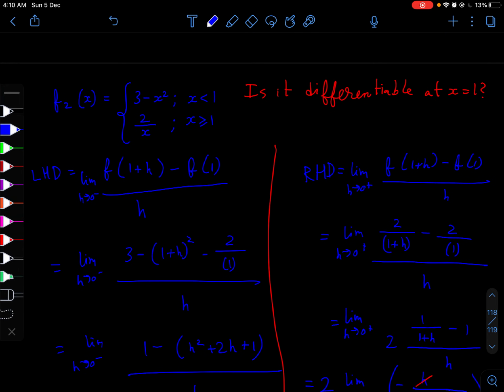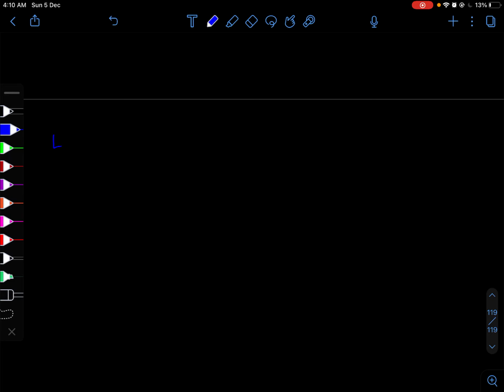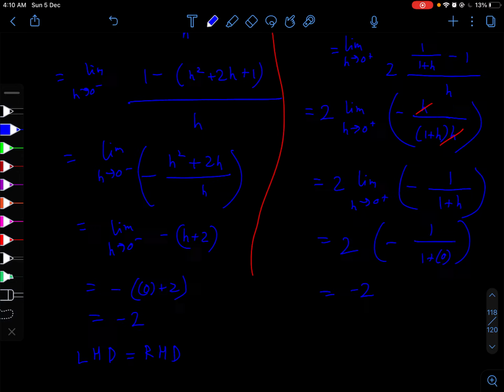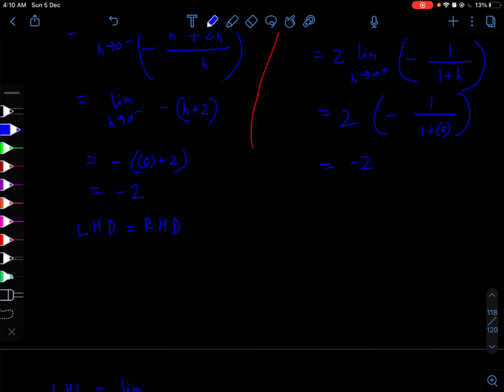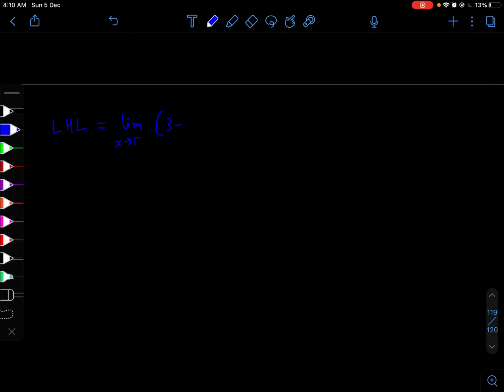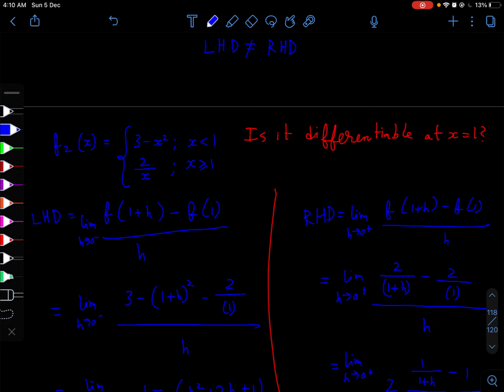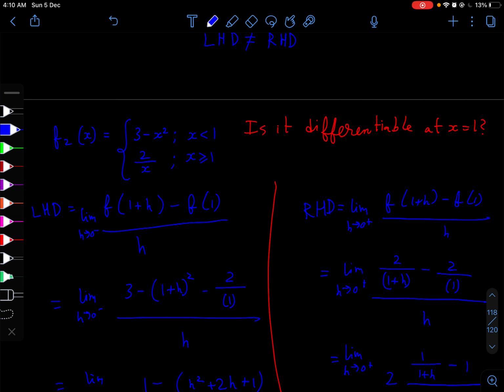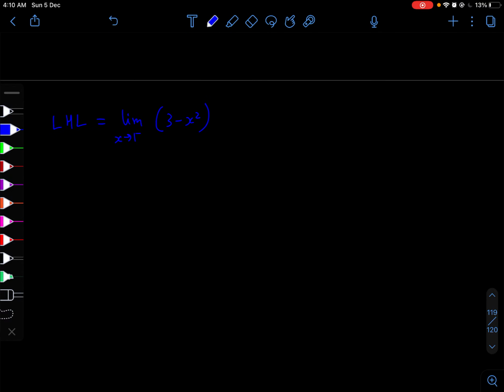So to do that we can find the left hand limit, which is the limit as x tends to 1 minus of 3 minus x squared, because we're starting from when x is less than 1, so we have to take 3 minus x squared.